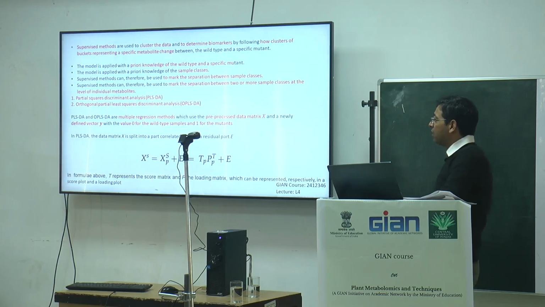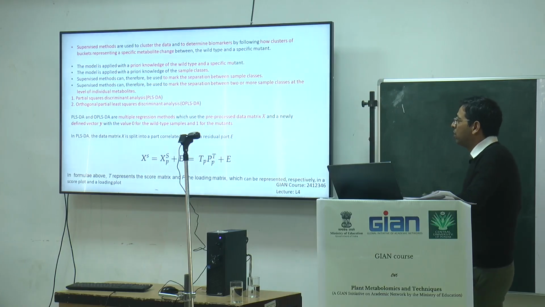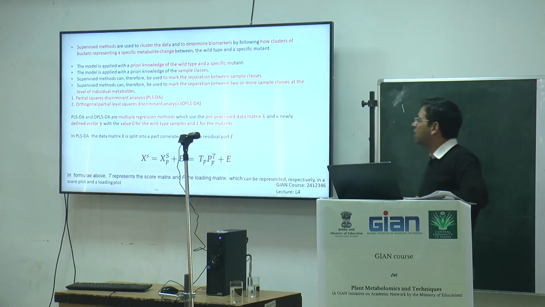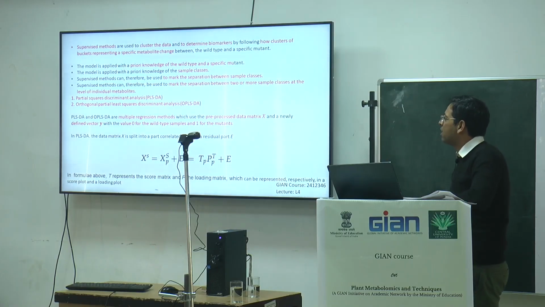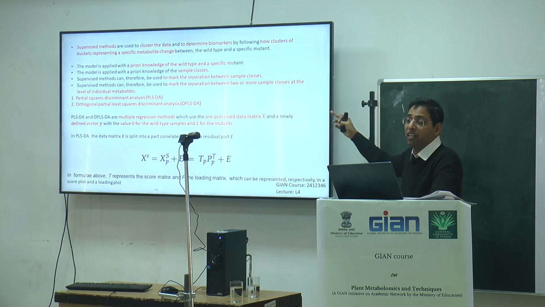Second, you have prior knowledge of the sample classes. Third, you can use it to mark the separation between the different classes. You must have prior knowledge of the subject, the analytes, their class, and how one class is differentiated from another. And there is separation between the different sample classes at the level of the individual metabolites also. For other different stages you have to take care with the supervised pattern recognition methods.